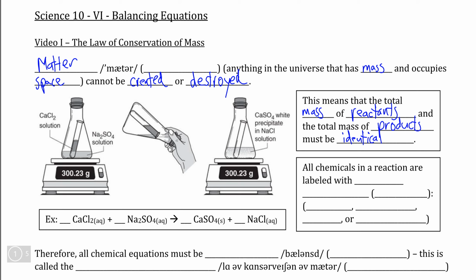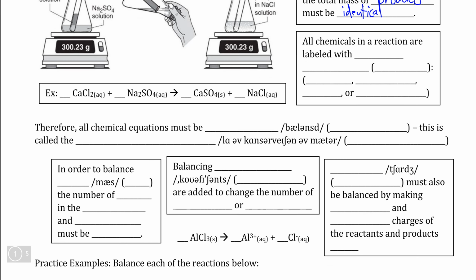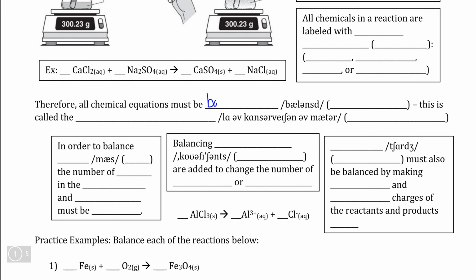So this means that our reactants, calcium chloride and sodium sulfate, must be equal to the mass of calcium sulfate and sodium chloride, our products. And this brings us to our understanding of what it means for a reaction to be balanced. When a reaction is balanced, the mass of our reactants and the mass of our products are equal.